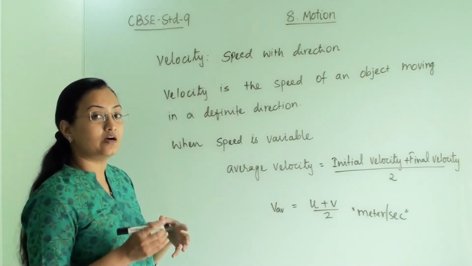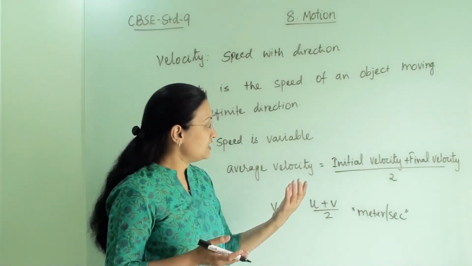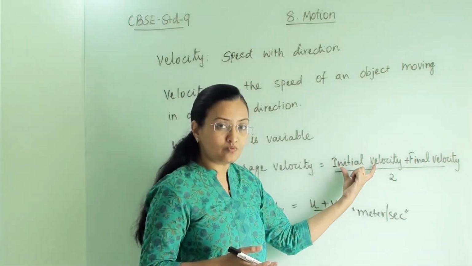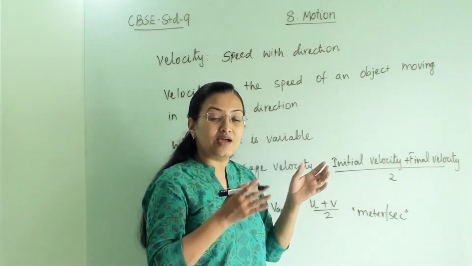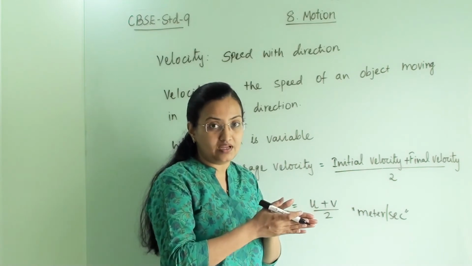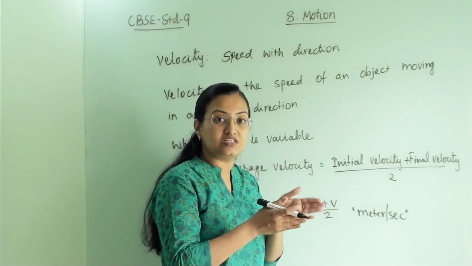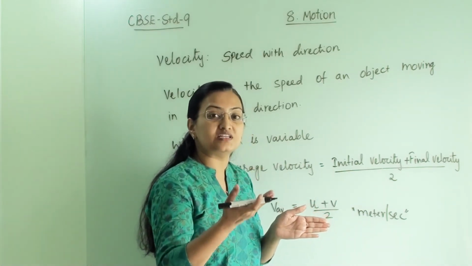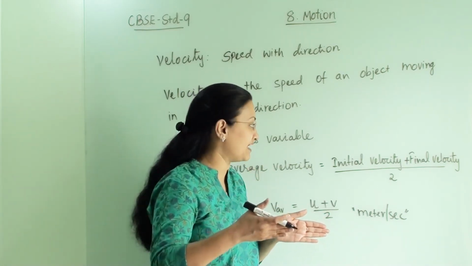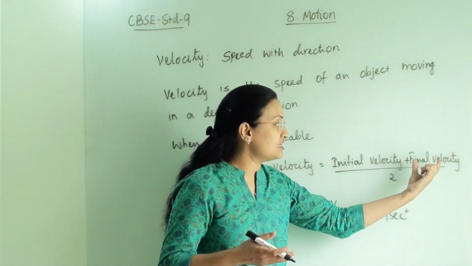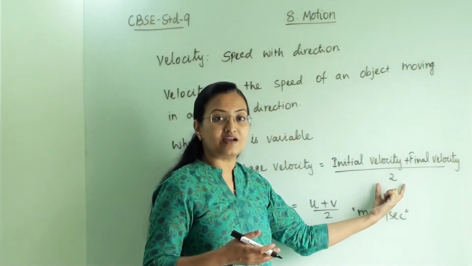Now what are we concluding in average velocity? We take the object's initial velocity plus final velocity. When the object started moving, what was its velocity at that time, and when the object stopped moving, what was its velocity at that final time. So initial velocity plus final velocity divided by 2.